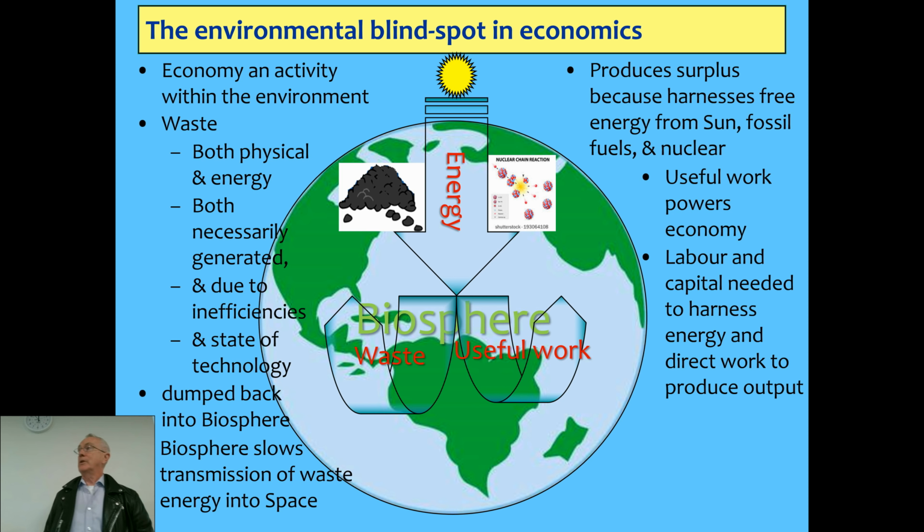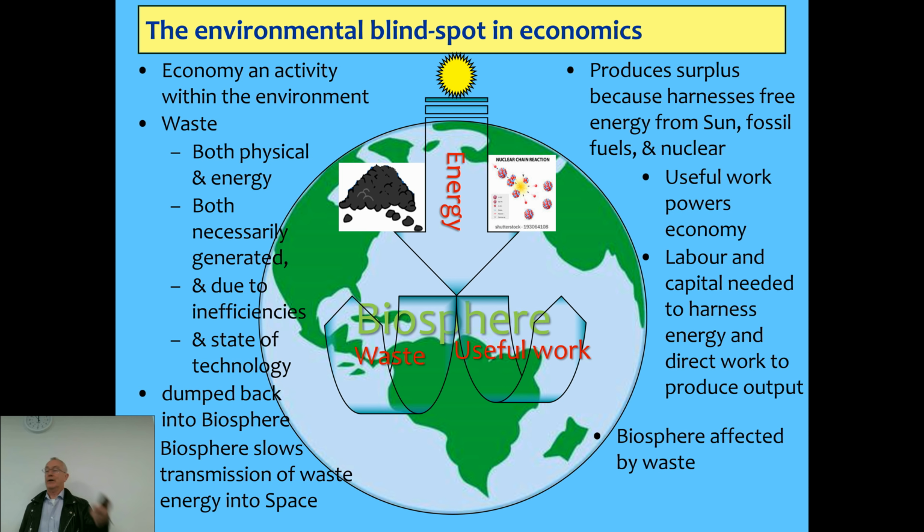But we're doing this on the planet. The biosphere has things like what are called global warming gases, the most important of which is actually water vapour, then carbon dioxide, then methane. Those gases slow down how fast that waste leaves the planet, the waste energy, and that then means that the biosphere's capacity to absorb and process the waste we generate actually degrades over time.